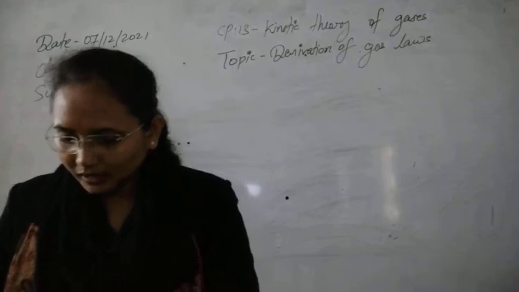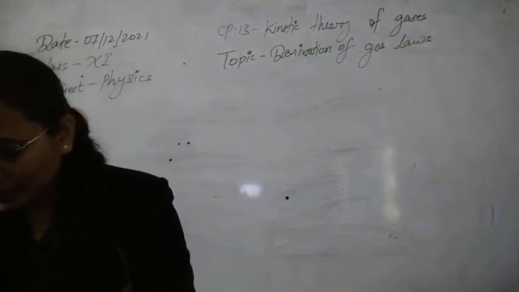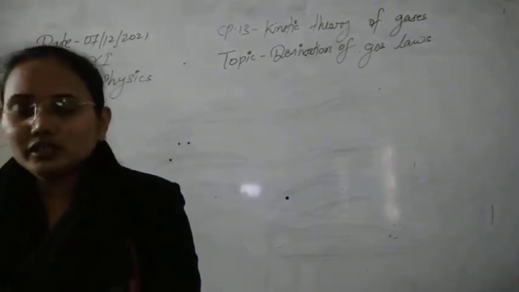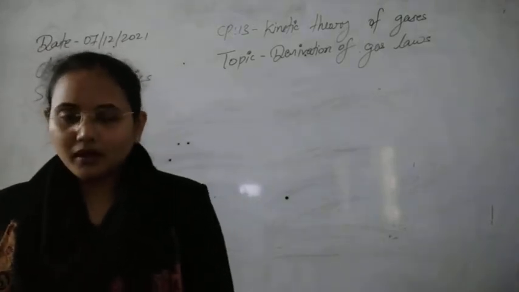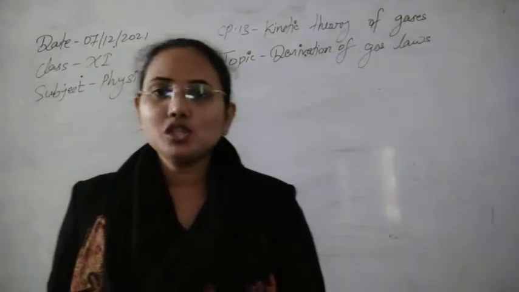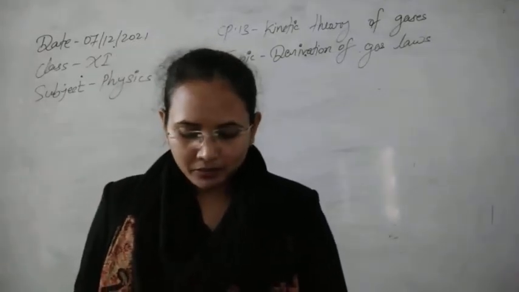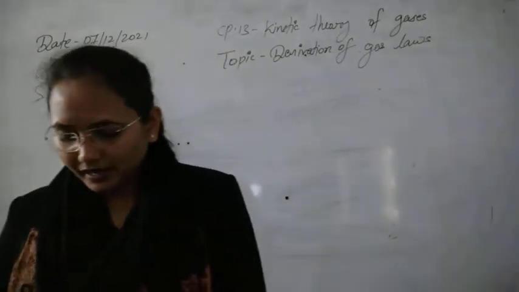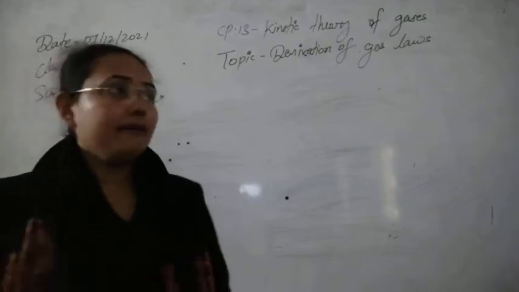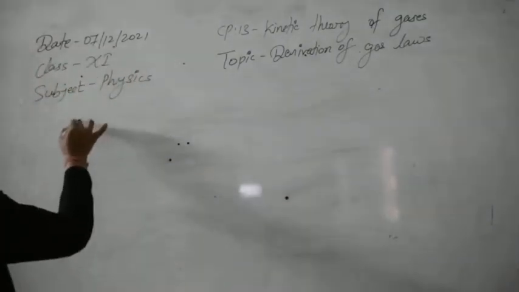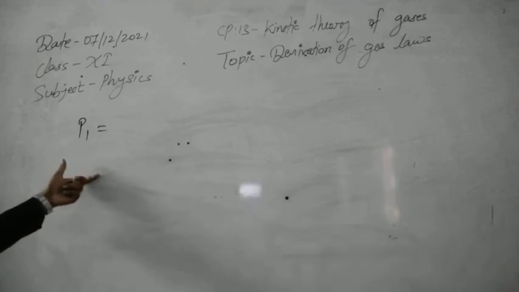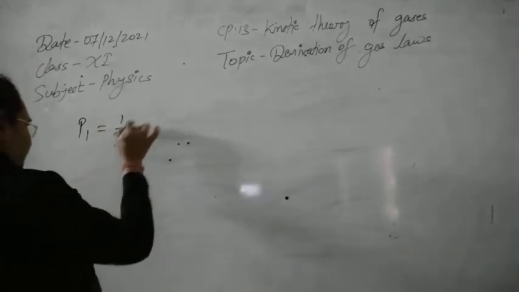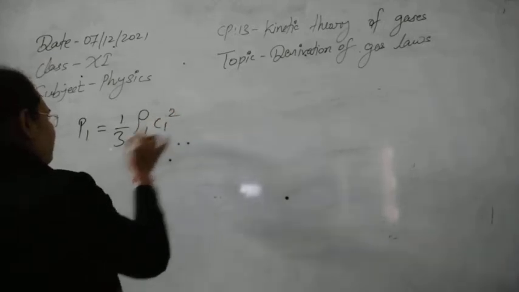So consider two gases, A and B, diffusing into each other. Now if ρ1 and ρ2 are their densities and C1 and C2 are their RMS velocities, then we can write that P1, the pressure exerted by the first gas A, is equal to 1 by 3 ρ1 C1 square.